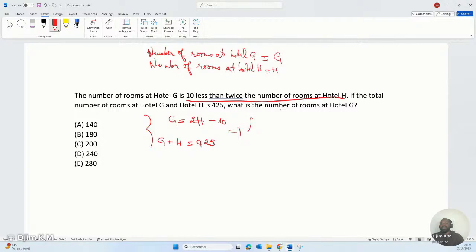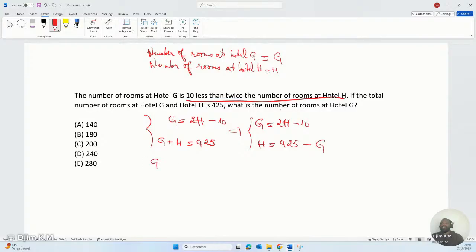So what we can do here is find the value of H, which will be equal to 425 minus G, and we can replace H in here.